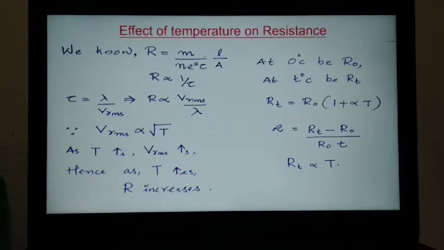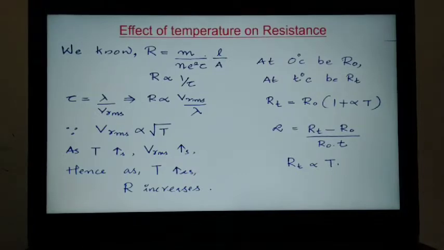We have already derived that the resistance R is given by m divided by n e square tau into L by A, from which m by n e square tau is resistivity, L is the length of the conductor and A is the area of cross section of the conductor. From this relation, it is clear that R is directly proportional to 1 by tau.